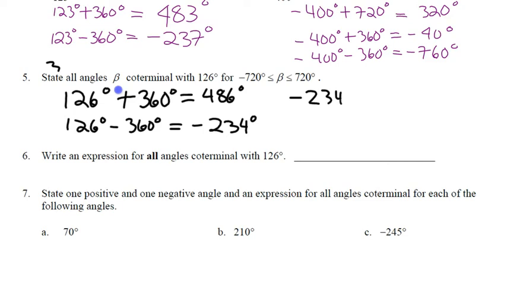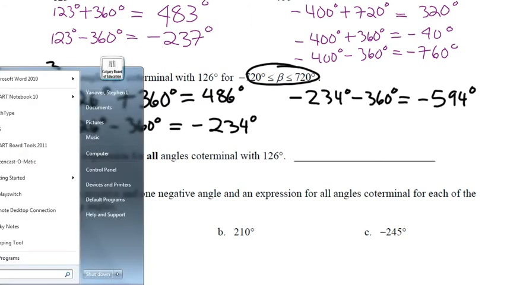What's negative 234 minus 360? Negative 594. And say no more, since another 360 would go below negative 720. All right, so those are all the angles. And this is the restriction: we're saying you have to be between negative 720 and 720.